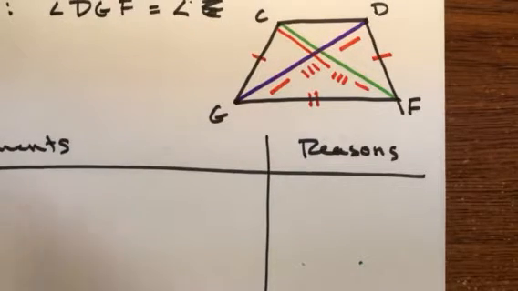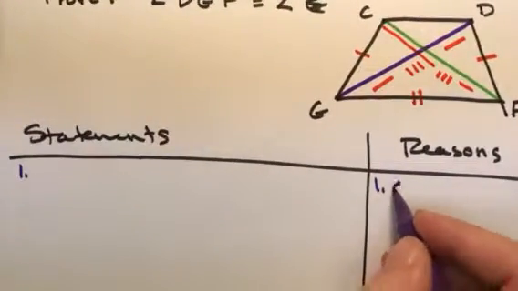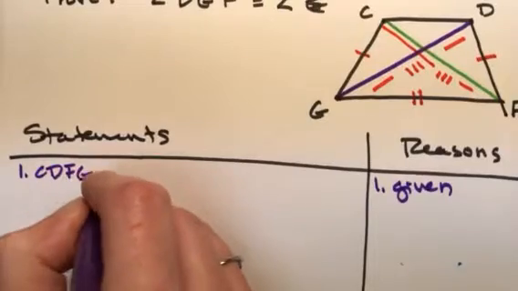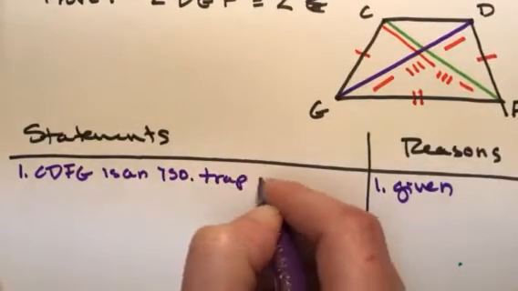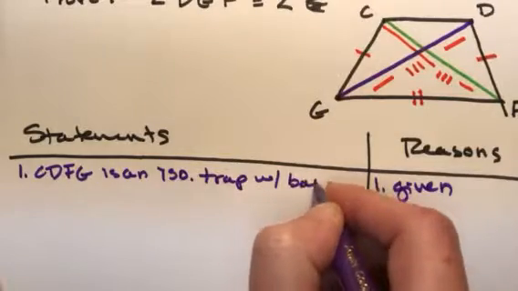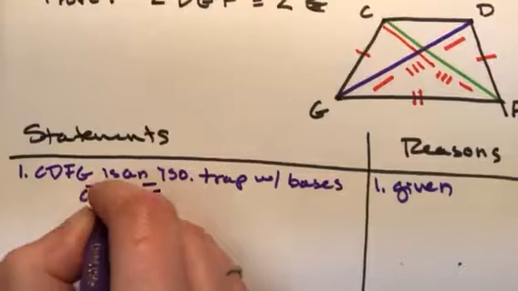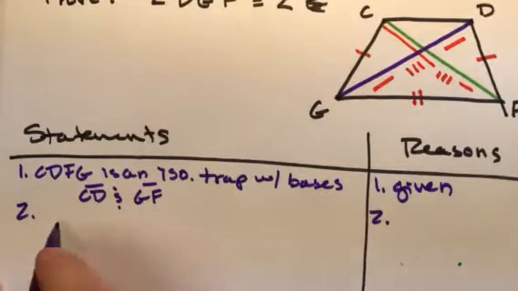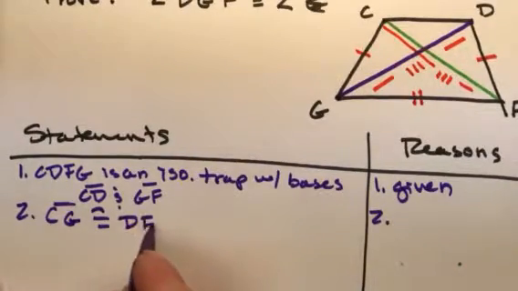All right, so we need to work out our triangles here. Okay, so 1 is going to be given. CDFG is an isosceles trapezoid with bases CD and GF. 2. CG is congruent to DF.